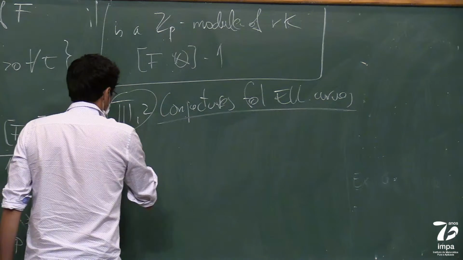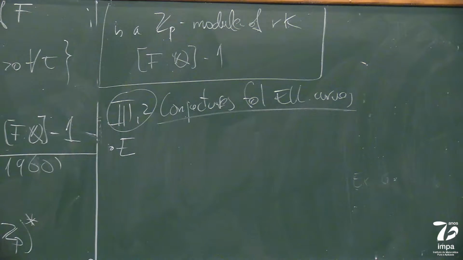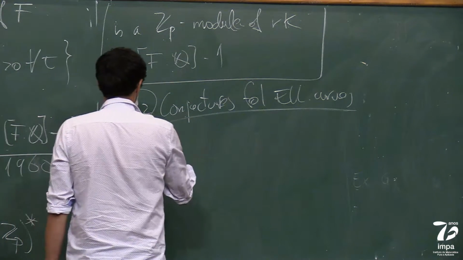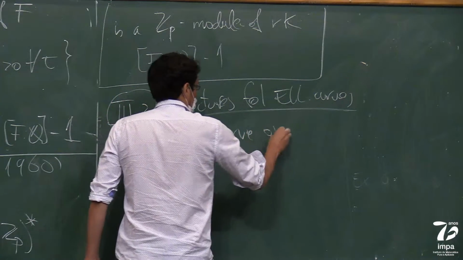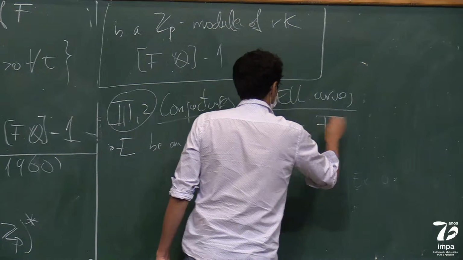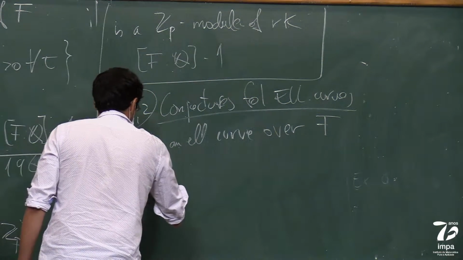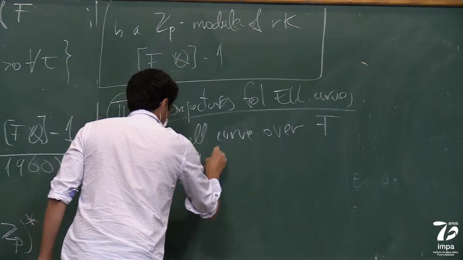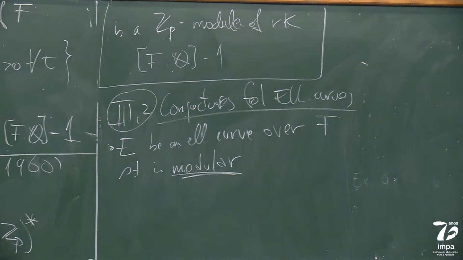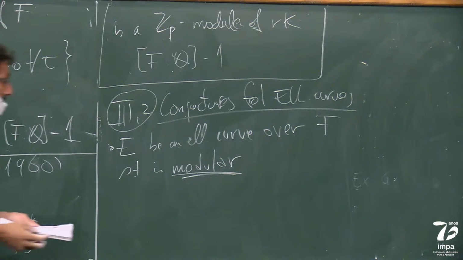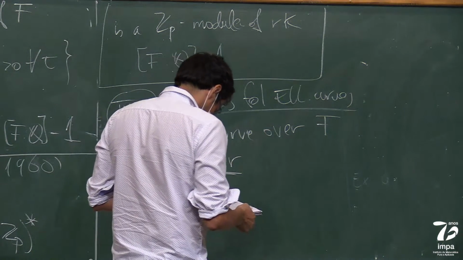So fix an elliptic curve over F such that it is modular. This condition allows us to relate all this stuff with arithmetic manifolds, but I hope that I will have some time to say a few words about that.